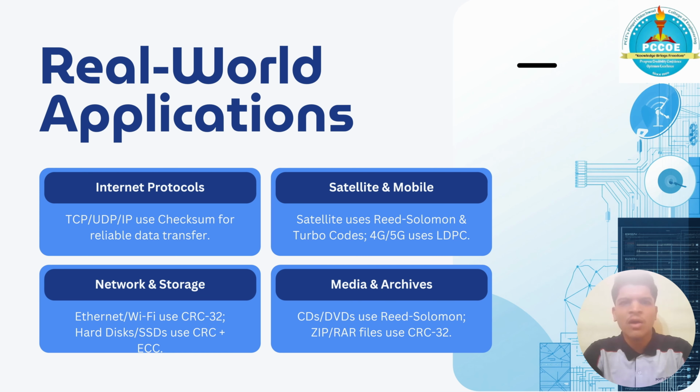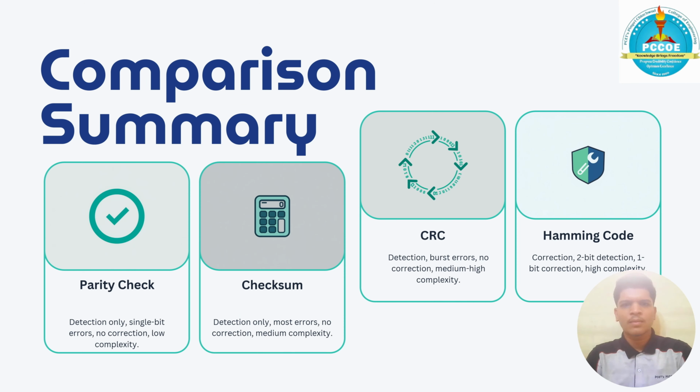Even the CD or DVD you play uses Reed-Solomon to recover scratched or corrupted data. Your mobile network, 4G or 5G, uses LDPC codes, and every time you extract a zip file, CRC32 verifies it was not corrupted during download. Error control is truly the invisible backbone of all digital communication.